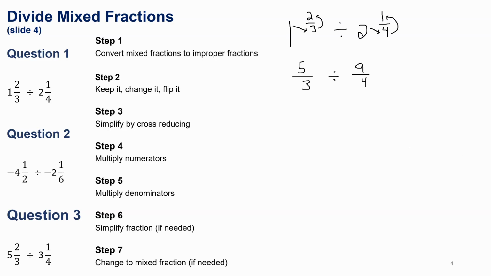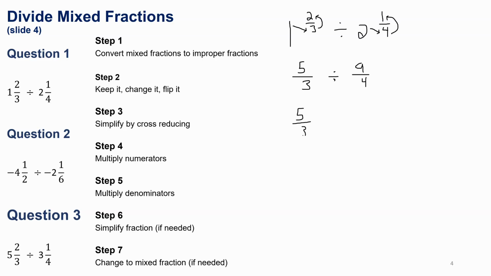Next, we're going to follow the same steps we learned when dividing proper or improper fractions. So step 2 is kind of a shorthand way of noting it, but this is the keep it, change it, flip it, or find the reciprocal rule. So what this means is we keep the left side fraction, 5 over 3, that stays the same.